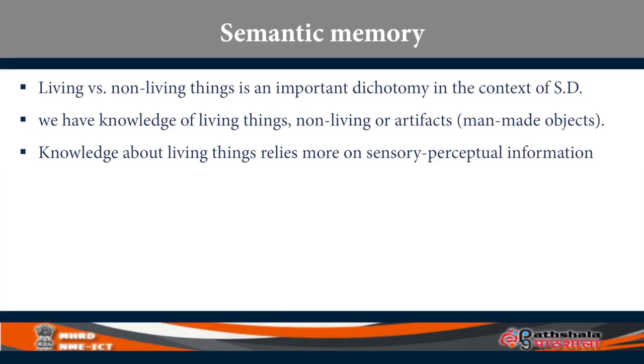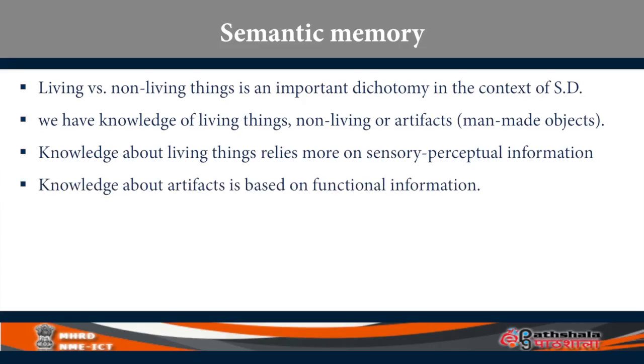The reason why they make this distinction is that in cognitive neurology and neuropsychology, they have noted that knowledge about living things relies more on sensory perceptual information, whereas knowledge about artifacts is based on function. So, living things is about the color, the size and the shape and sensory perceptual information. Artifacts is all about what it is used for.